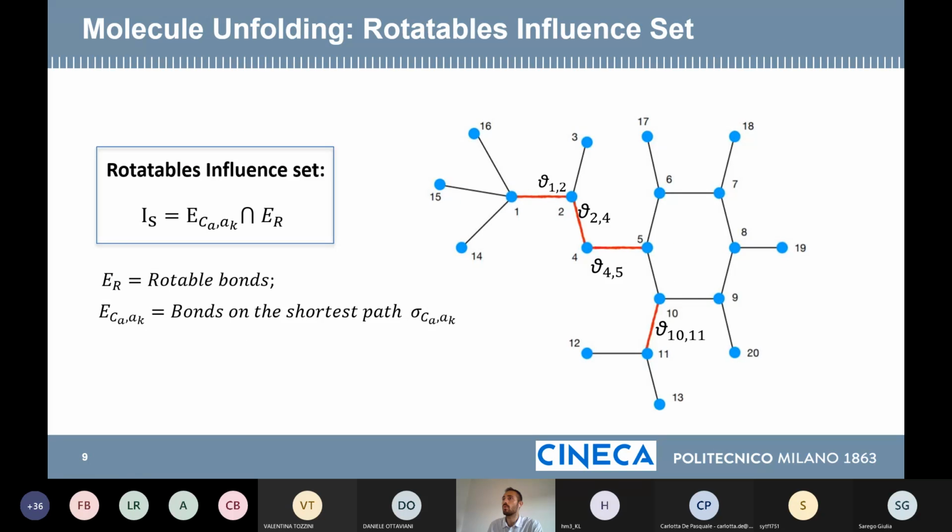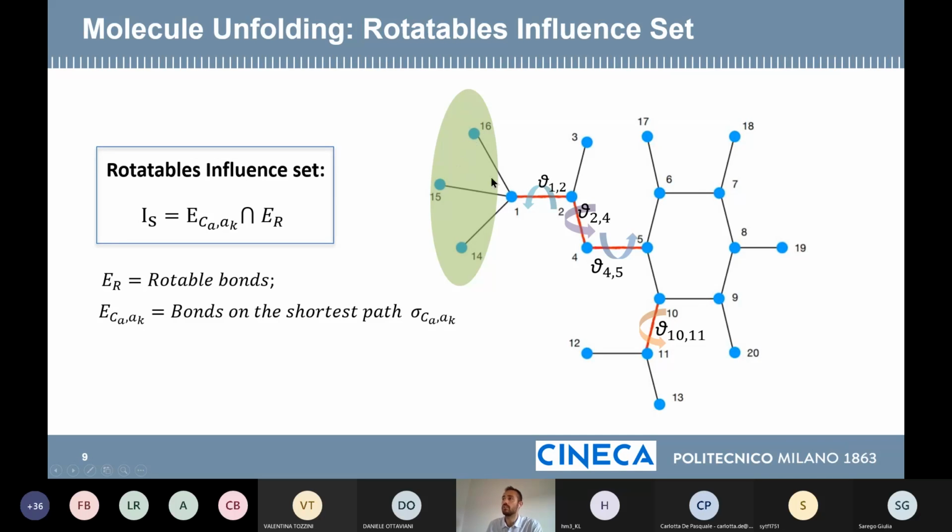This is maybe more evident here. Here we have all the different rotatable bonds for this molecule. For example, let's consider these 3 atoms here.